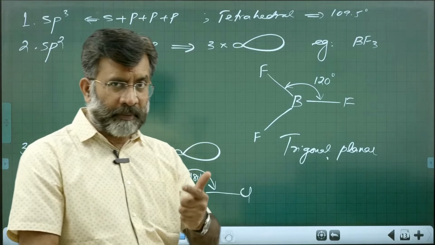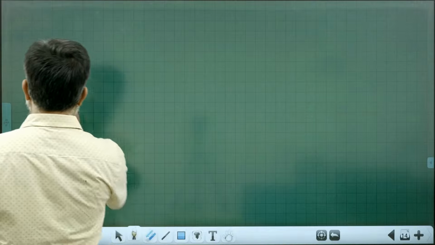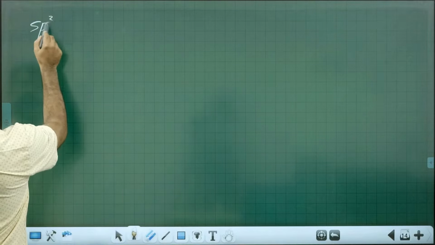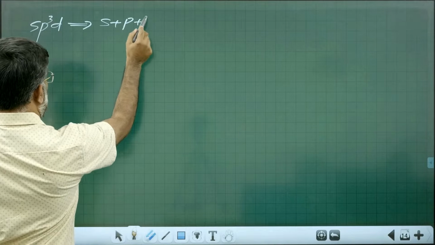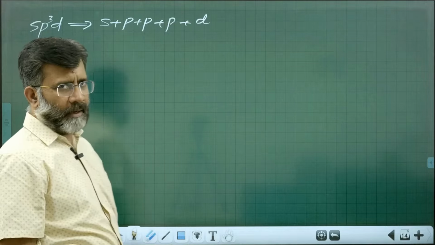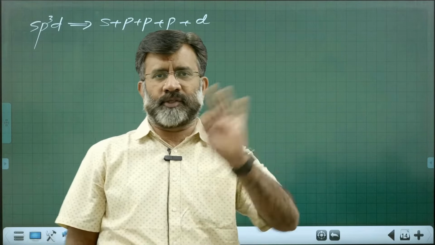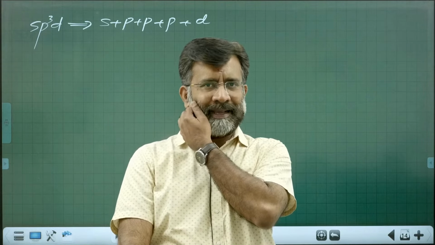Next is sp3d. sp3d hybridization: one s orbital, three p orbitals and one d orbital, preferably the dz2 orbital, which lies along the internuclear axis.